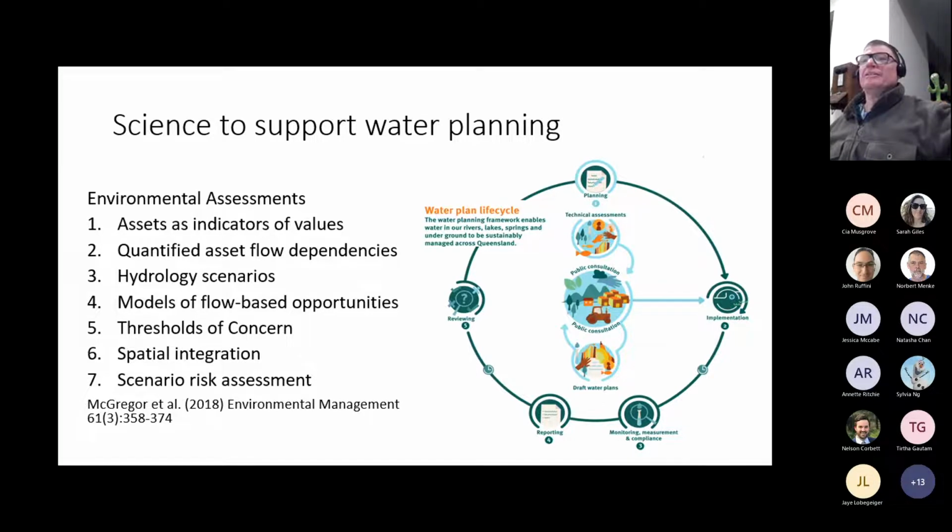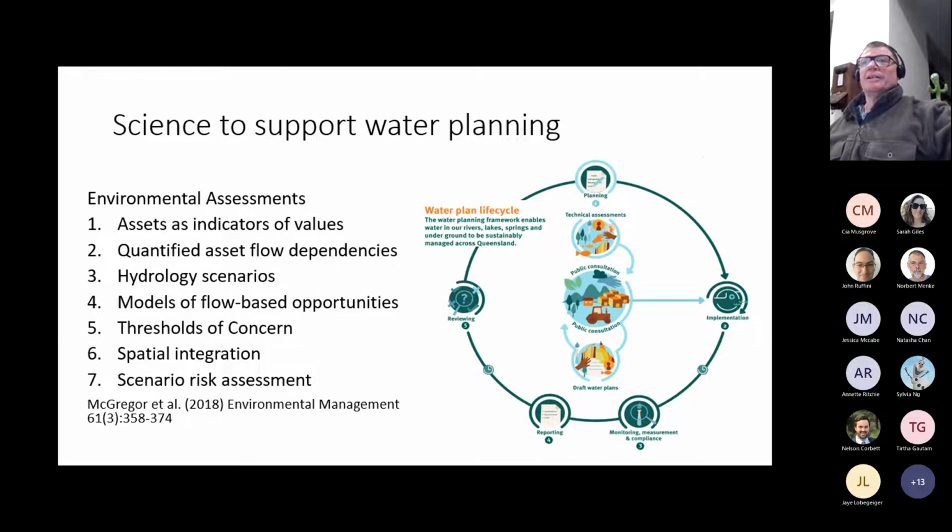We take the hydrological scenarios that are produced by Queensland Hydrology and we plug them into ecological models, which generate flow-based opportunities for the particular ecological asset we're talking about. We then evaluate those opportunities against thresholds of concern about the frequency and the spell duration. Often it relates to how long it is between opportunities.